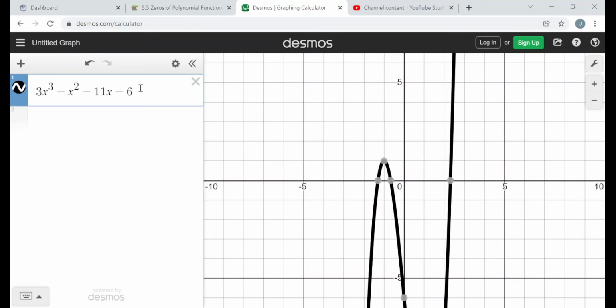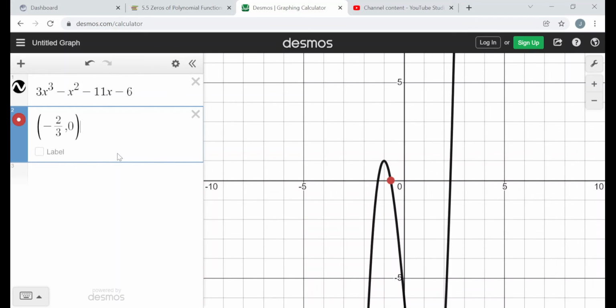You see the 3 x-intercepts, 3 real zeros. One of them is at negative 2/3, that's the rational one, negative 0.667. If I plot the point negative 2/3, comma 0, that's where that point will show up, see?